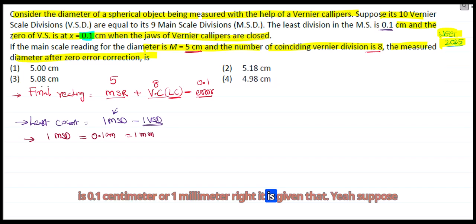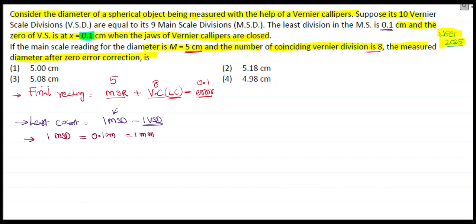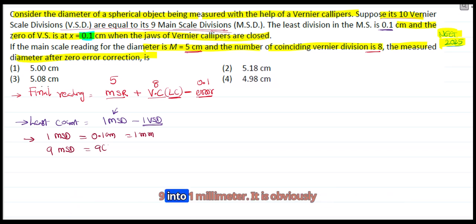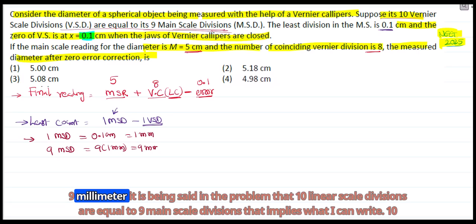It is given that 10 Vernier scale divisions are equal to 9 main scale divisions. So 1 main scale division is 1 millimeter, then 9 main scale divisions are 9 into 1 millimeter, that is obviously 9 millimeter.